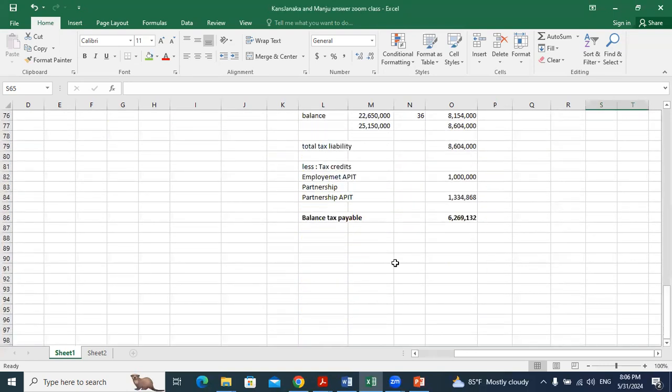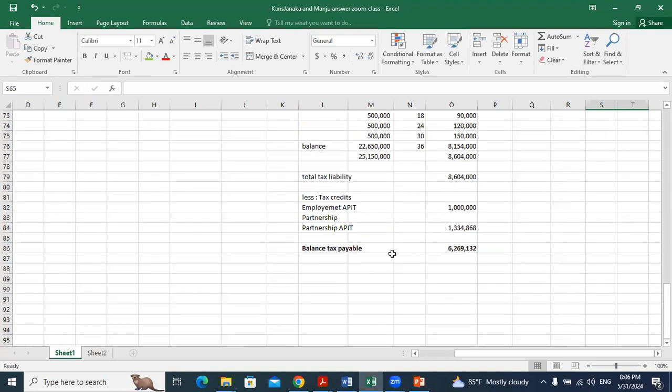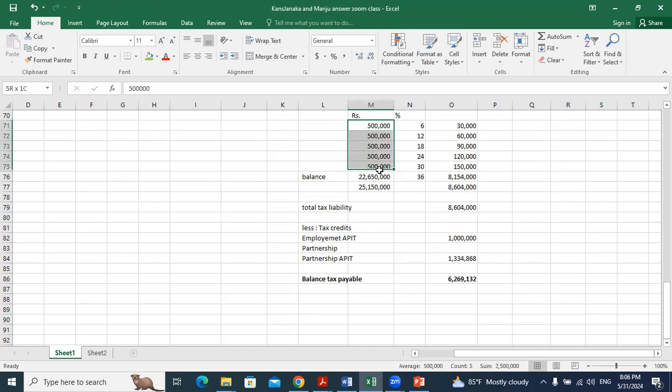Somebody is asking whether this figure is okay.